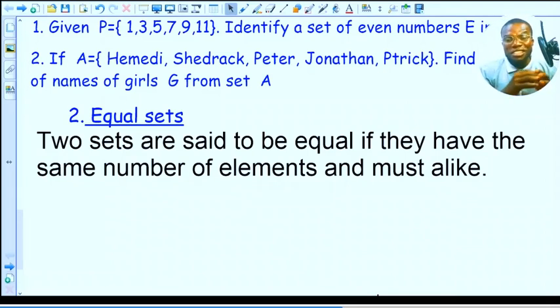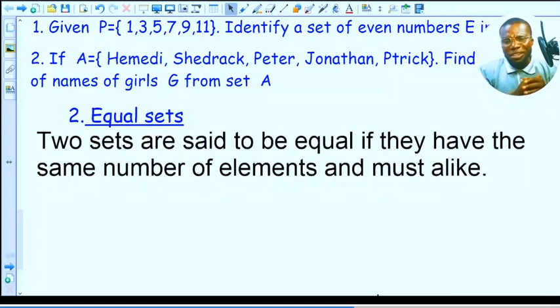That means the number of members in the sets are the same, but these elements must be alike, similar in every aspect.